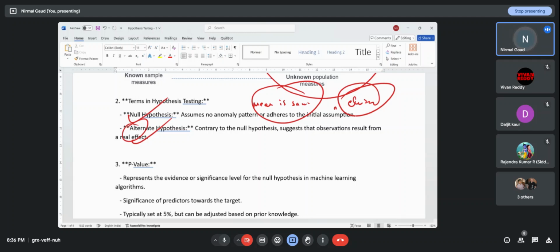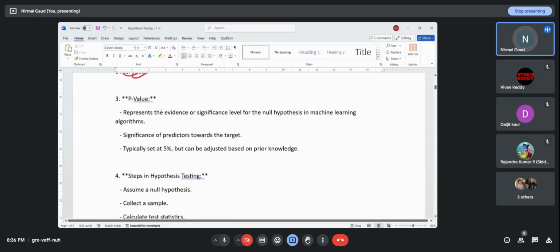So we have to define the null hypothesis initially, do the calculations, find certain values, compare with the critical value, and then conclude our results.